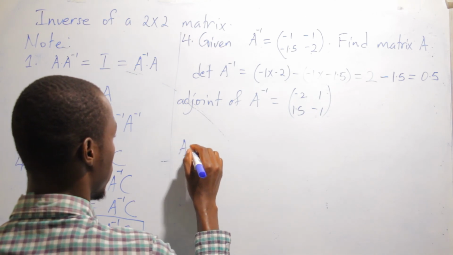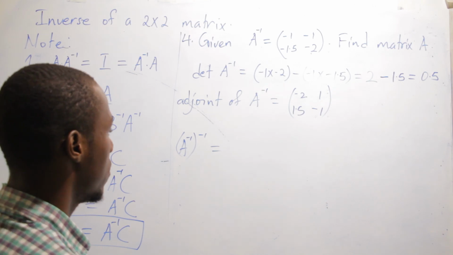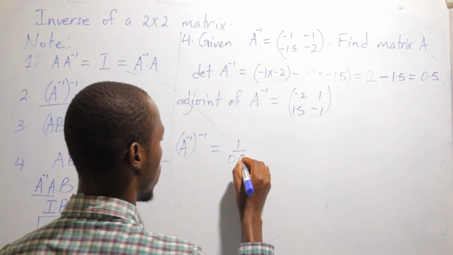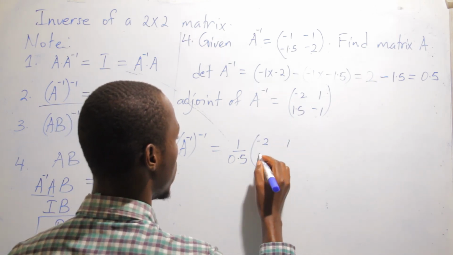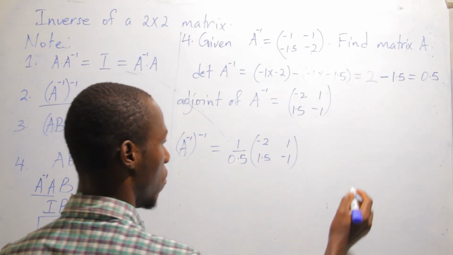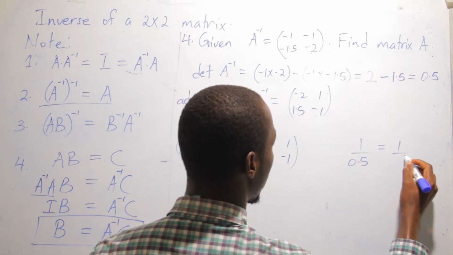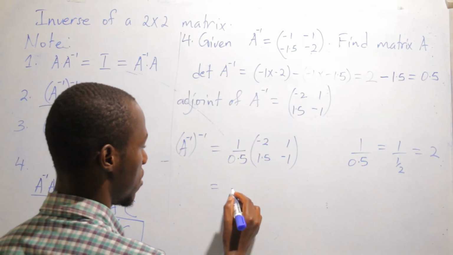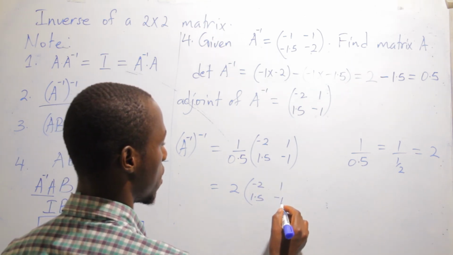Then to get the inverse of A, that is 1 out of the determinant, that is 0.5, times the adjoint, negative 2, 1, 1.5, negative 1. Now my 1 all over 0.5, when you simplify 1 out of a half, this will give you a 2. So this is a 2 into negative 2, 1, 1.5, negative 1.